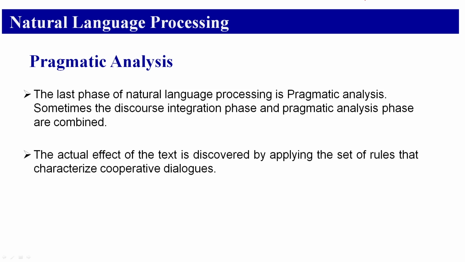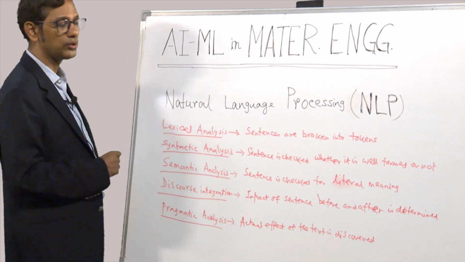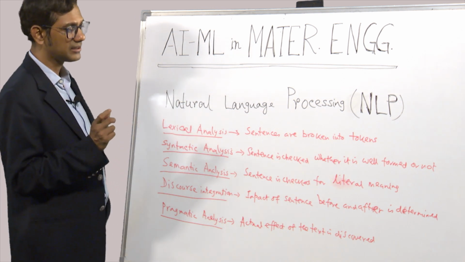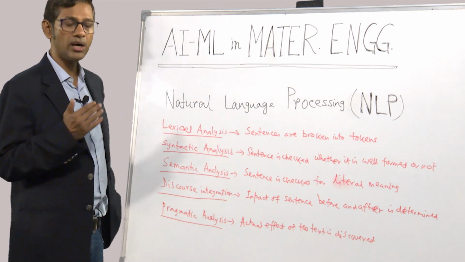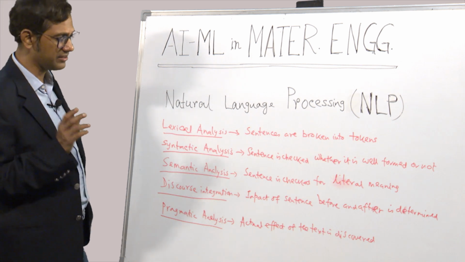Now I have put all these things together on this board. You can see there are 5 different things. Lexical analysis: sentences are broken into tokens or small parts. Syntactic: the sentence is checked whether it is well formed or not, simply words and grammar. Semantic: the actual literal meaning of the sentence.